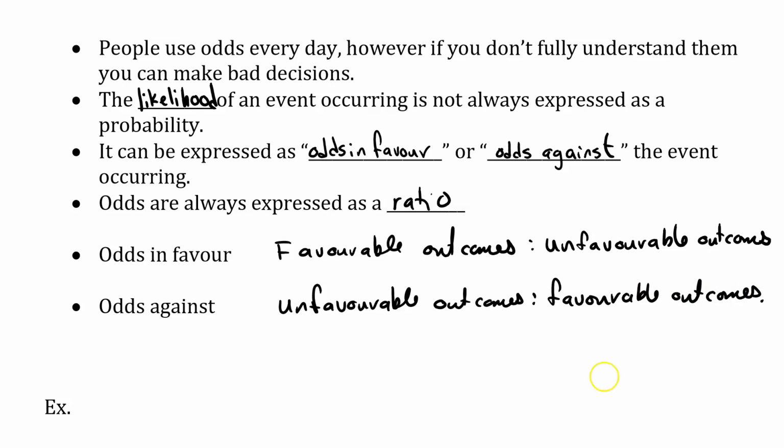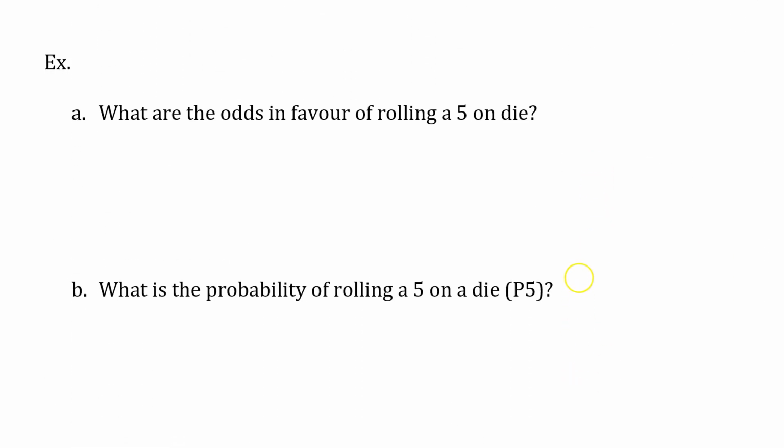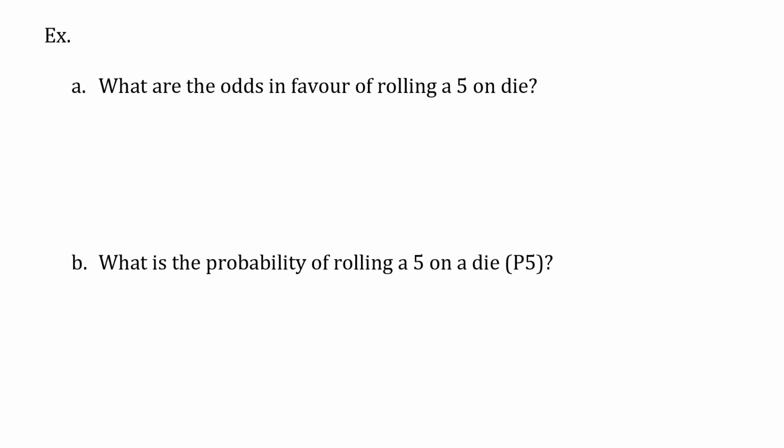Okay, so let's launch right into a question. This first example is something that we're pretty comfortable with so far. What are the odds in favor of rolling a 5 on a die? So let's just quickly draw out all the different faces on a die.